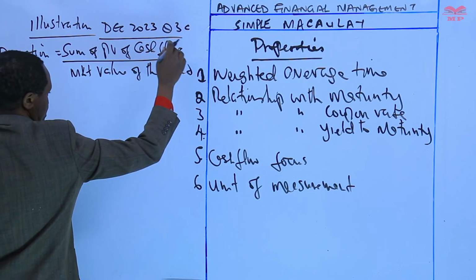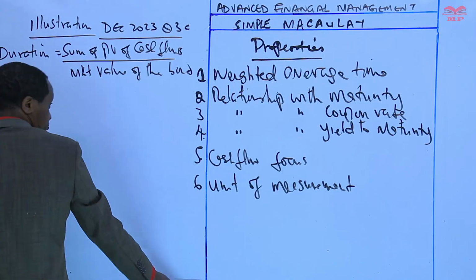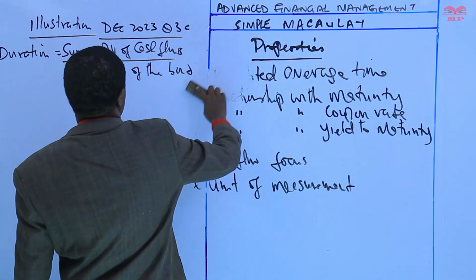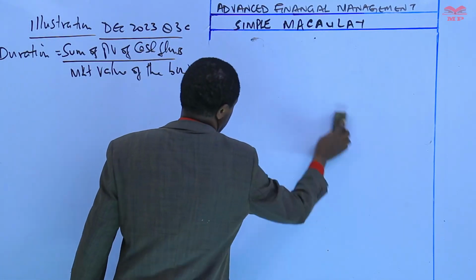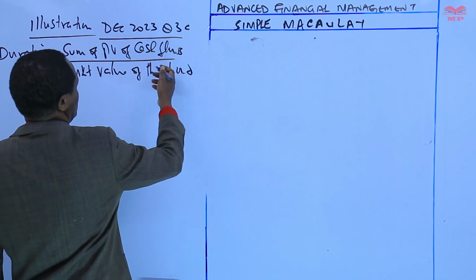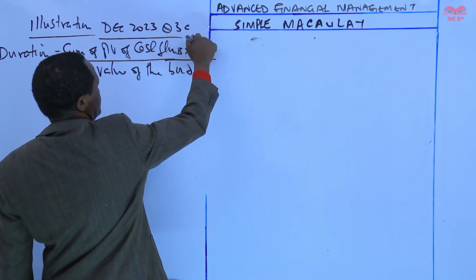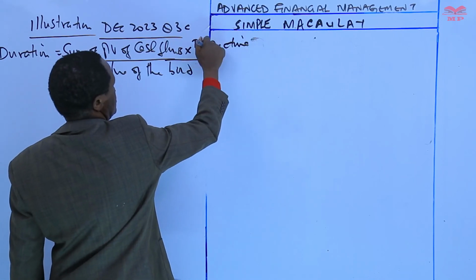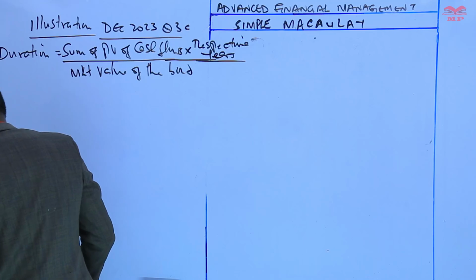And this we multiply the sum of present value of cash flows multiplied by respective years.